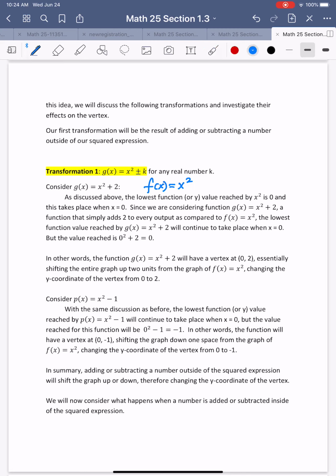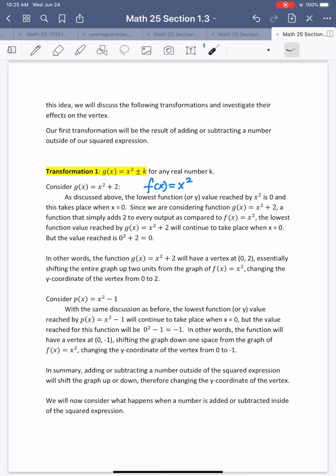Okay, so let's see what happened here. As discussed above, the lowest function or y value for x squared is 0, and it takes place when x equals 0. But since we are adding 2, the function simply adds 2 to every output compared to x squared. The lowest function value reached by g of x equals x squared plus 2 is when x equals 0, then adding 2.